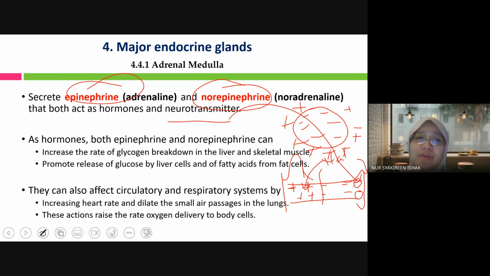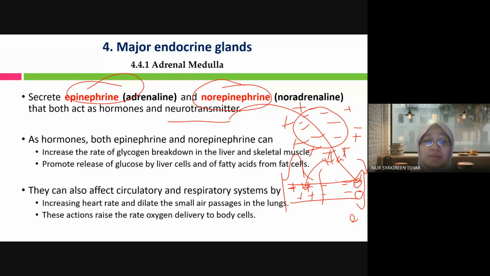The neurotransmitter released into the chemical synapse binds to receptor on the dendrite of the next neuron. Dendrite tu nanti kita akan belajar selepas ni. Basically the neurotransmitter causes one neuron to be able to transmit impulse to the next neuron.